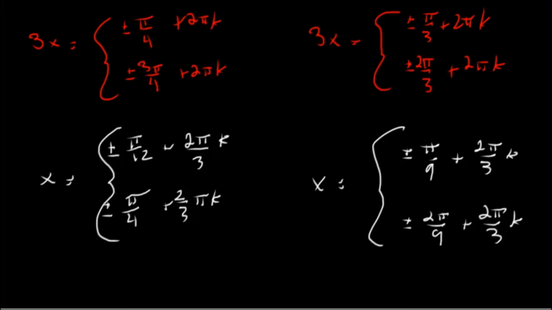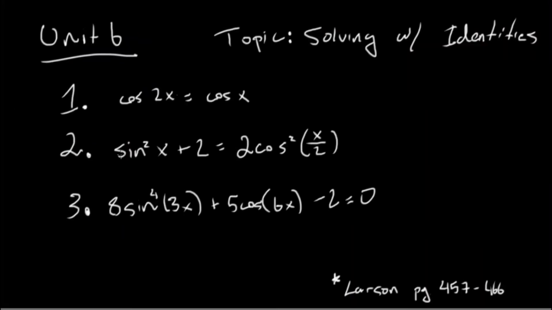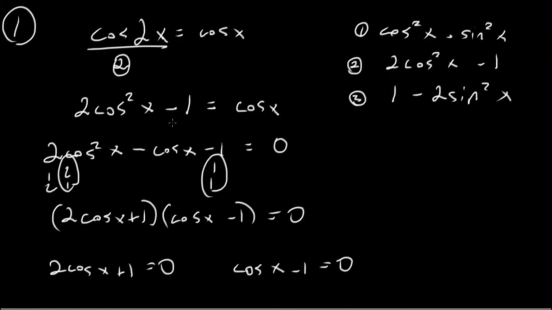We looked at 3 different trig equations. We had cosine 2x equals cosine x. We had a trig equation that involved a half angle formula, and we had one that involved a double angle formula. Number 1 wasn't that bad. We just used the identity, turned it into a quadratic, factored, and solved. We did not have to check for extraneous solutions because we never did any squaring, and that's the only dangerous algebra move that we are dealing with at the moment.